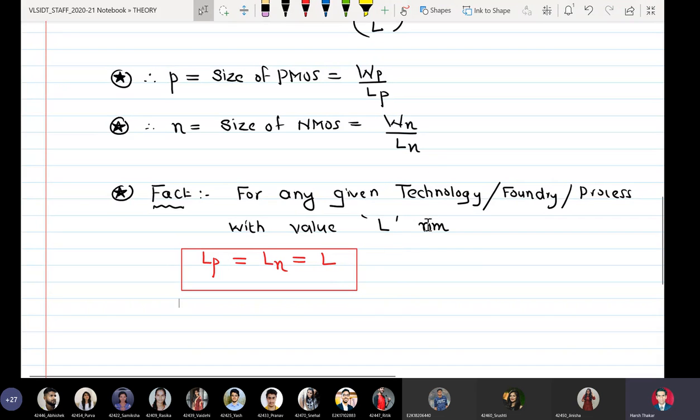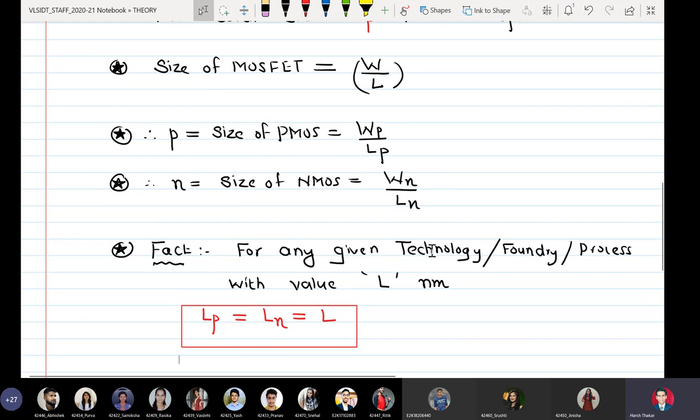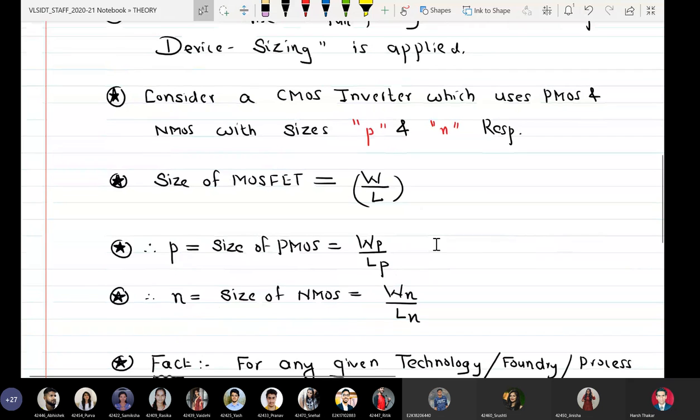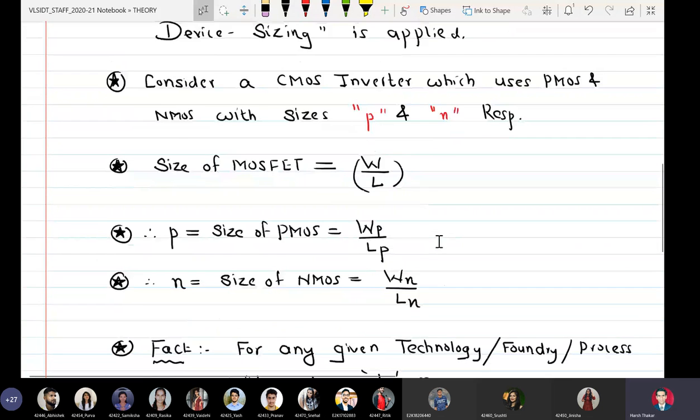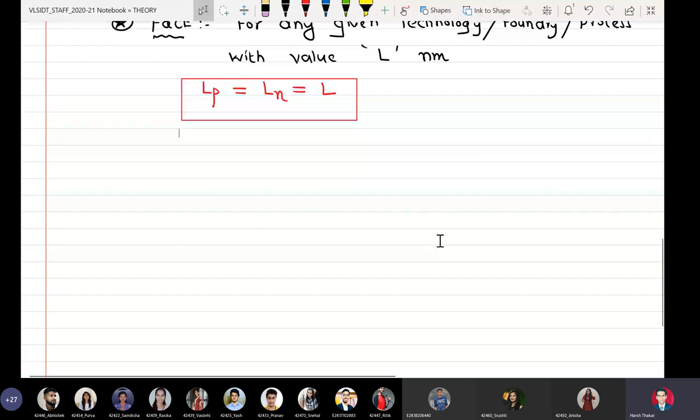So for any given technology or foundry or process with value L nanometers, the length of PMOS is equal to the length of NMOS is equal to L. This fact has to be noted.